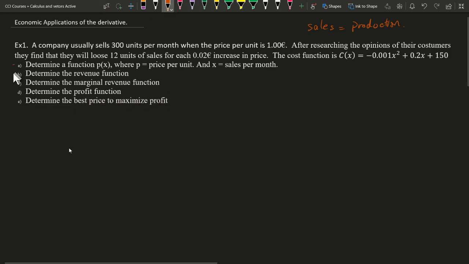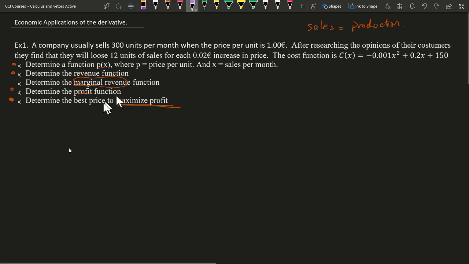You need to do A, B, D, and E. Okay, you actually don't need this marginal revenue, but we'll do that anyway. So, I'm going to walk you through the whole process of determining the maximized profit by first determining the price function, the revenue function, the profit function, and then we're going to maximize the profit function. Okay? So let's start with the price function.